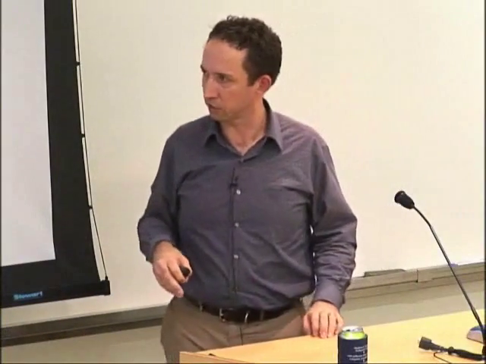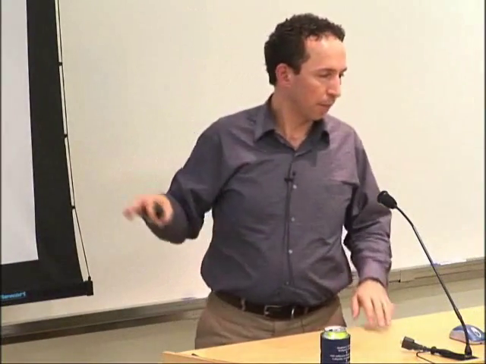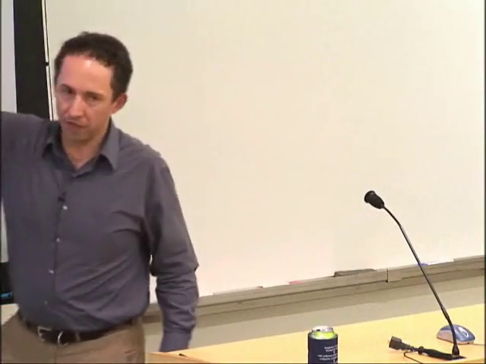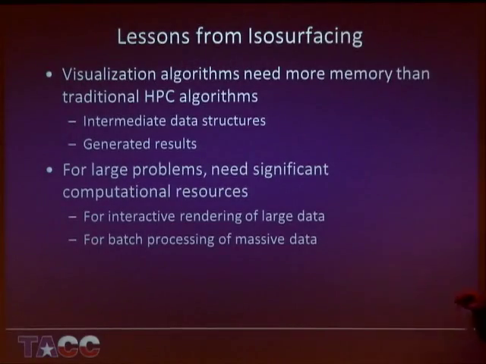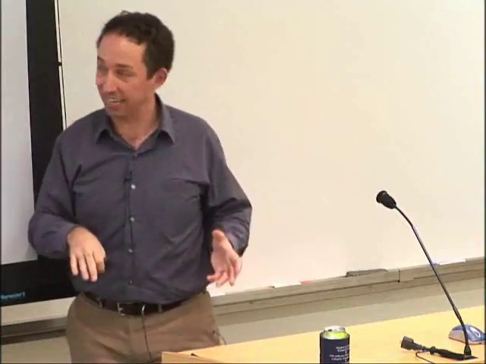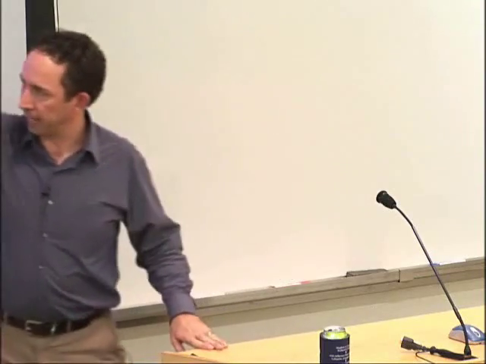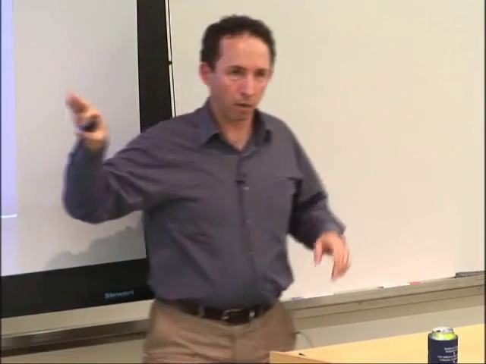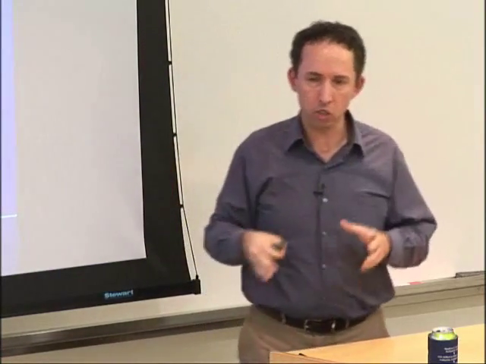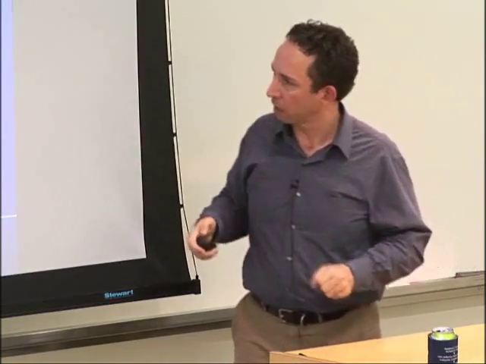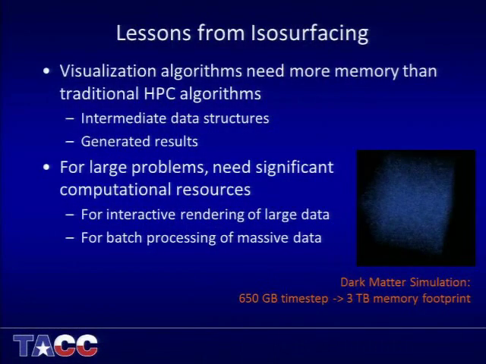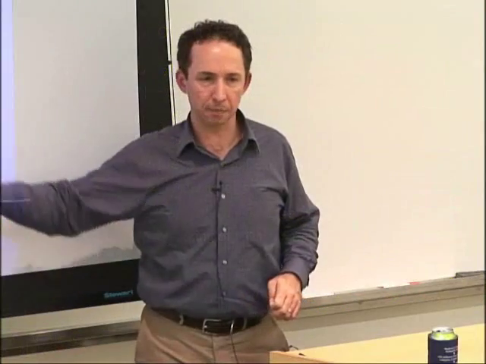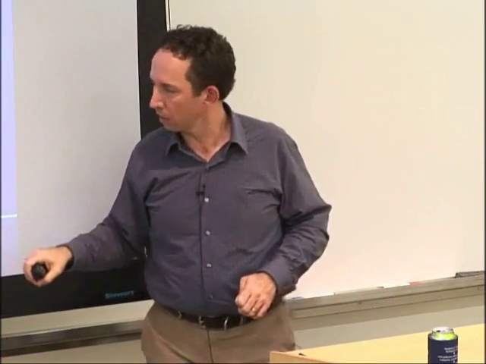I know I've given it just a very quick treatment, but basically the takeaways are that we need more memory than HPC algorithms, that the amount of memory we need is dynamic, or can be, and that the large problems need significant computational resources that may be larger than what is evenly divisible on a single node. For instance, we have done some work with the dark matter simulation where each individual time step is 650 gigabytes.